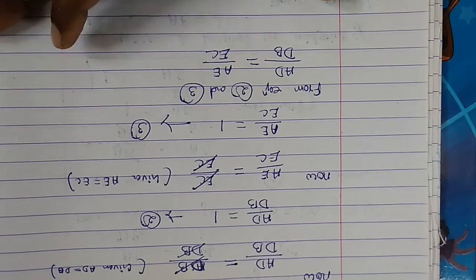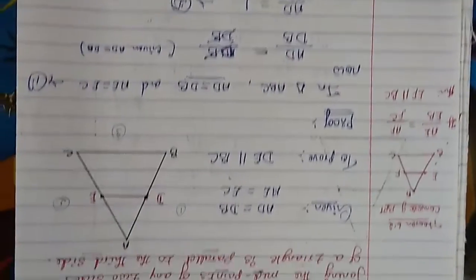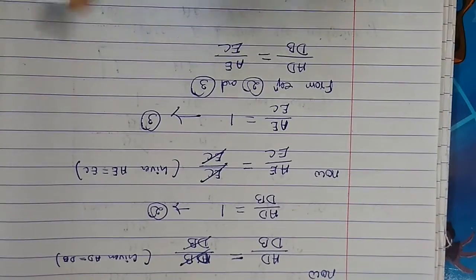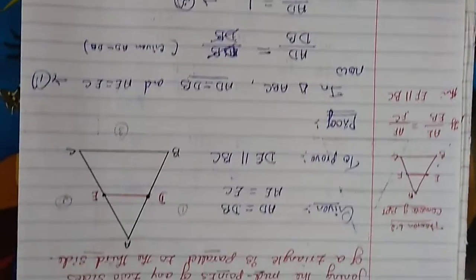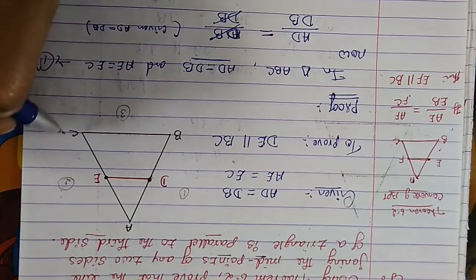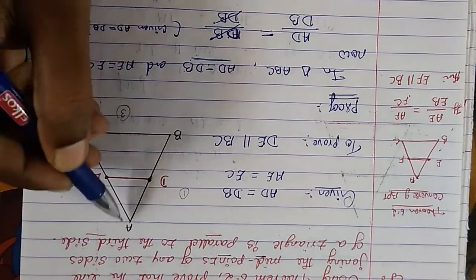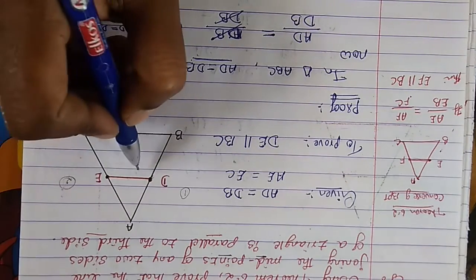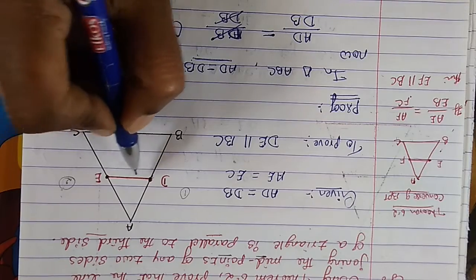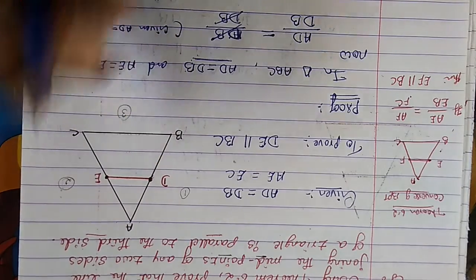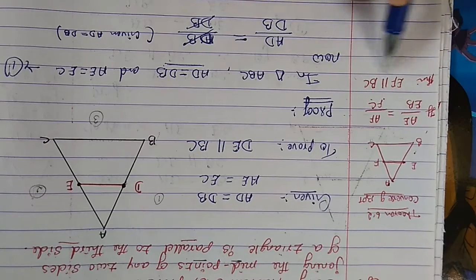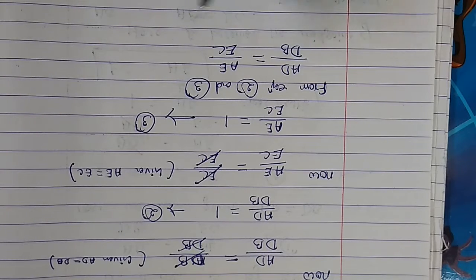We have proved that these two ratios are equal. And if the ratios are equal, then by the converse of BPT the lines are parallel, that's what the theorem says.